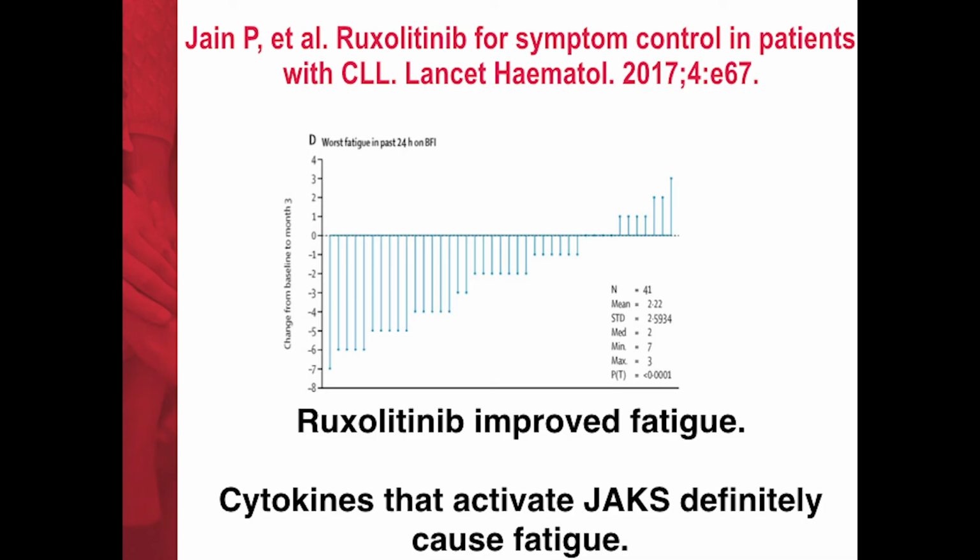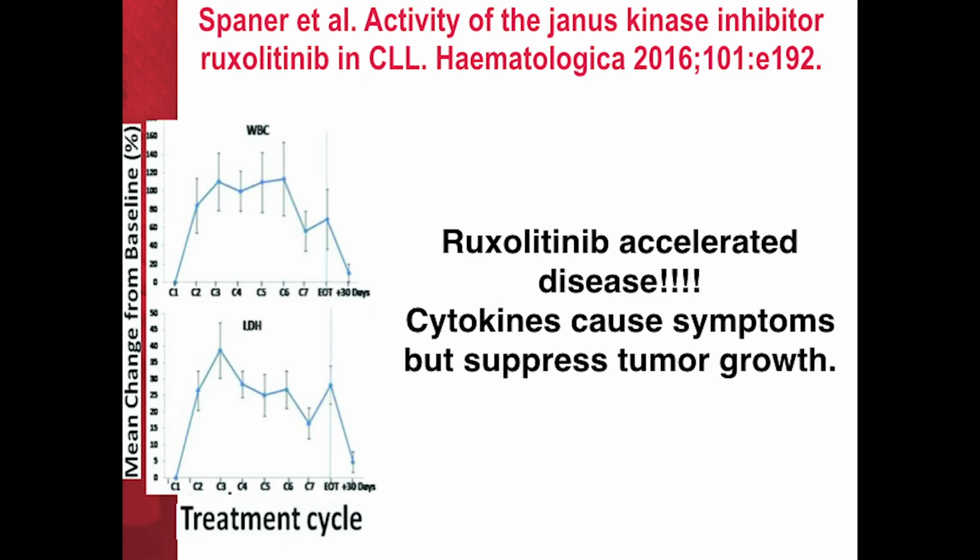And so a line down like this represents that their fatigue improved. And so you can see in most patients, fatigue improved quite significantly on this drug. And so what that tells you is that ruxolitinib improved fatigue and assures you that the cytokines that activate JAKs definitely cause fatigue in CLL patients. However, we did the same study in more aggressive patients who were later on.